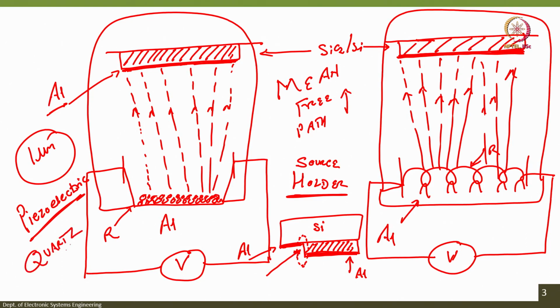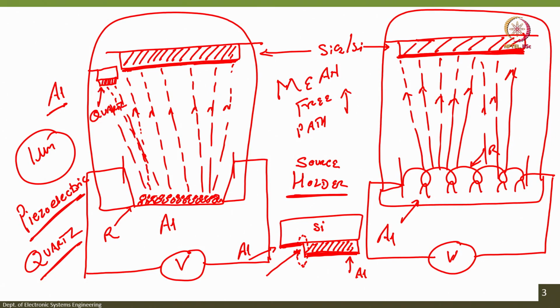A quartz crystal can be used to measure the thickness of this particular material. That means I can place a quartz in this region. This is a quartz.